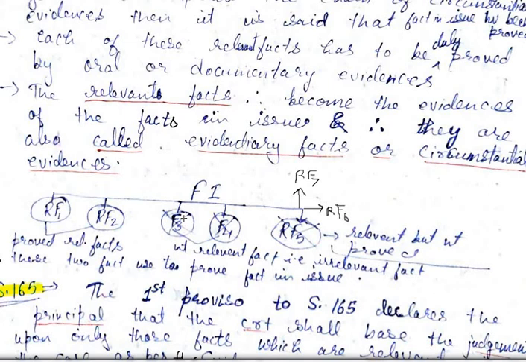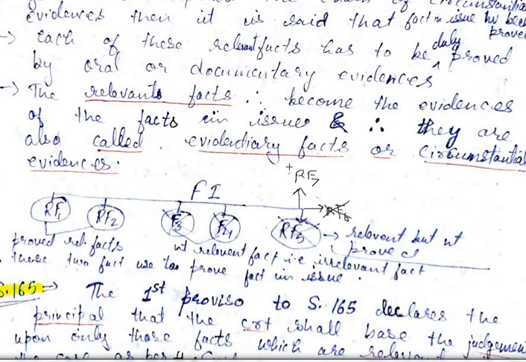Then once the evidence is admissible for facts number 1, 2, 5, 6 and 7, it is the burden upon the party concerned to prove those facts by the evidence. Suppose the party was able to prove fact number 1, fact number 2 and fact number 7, but is unable to prove fact number 5 and fact number 6. So facts 1, 2 and 7 are the relevant facts which are duly proved.